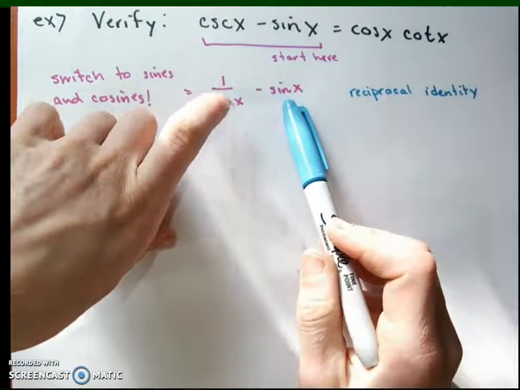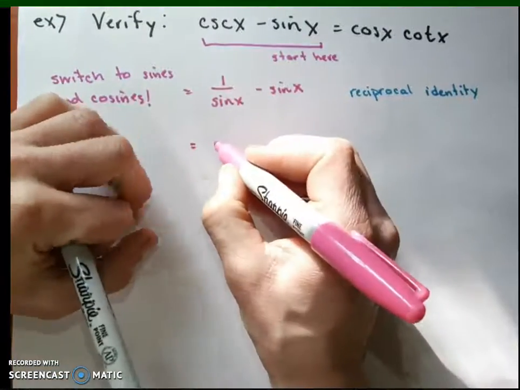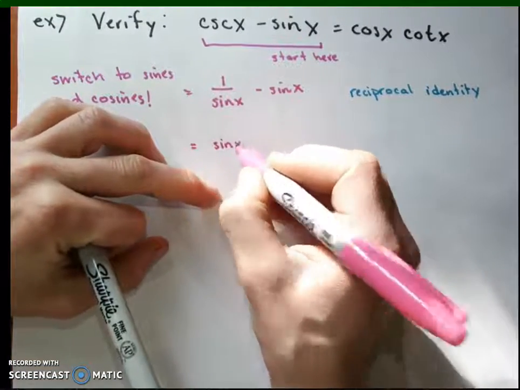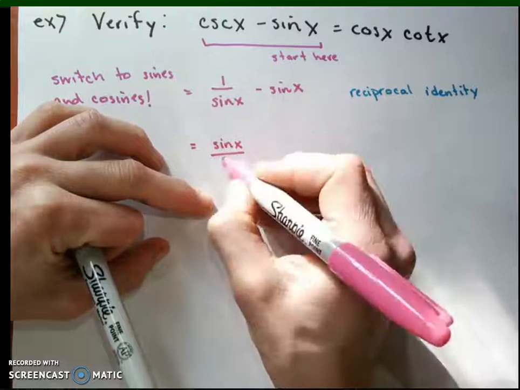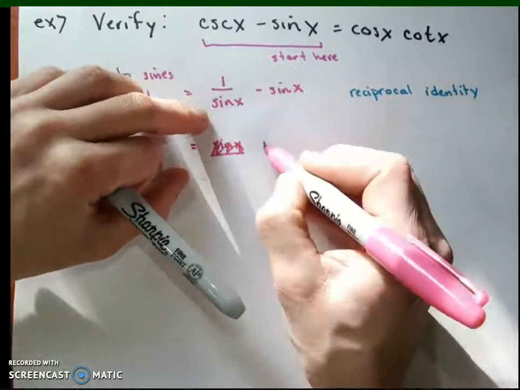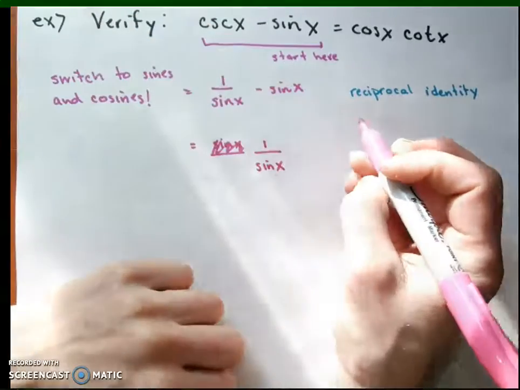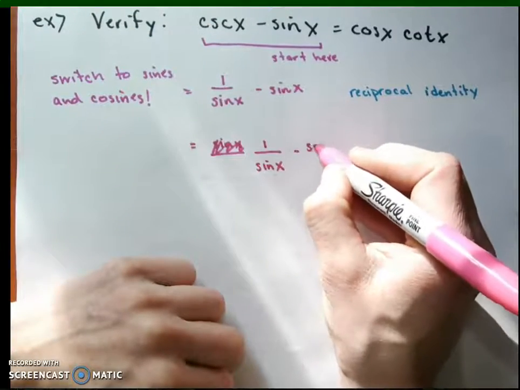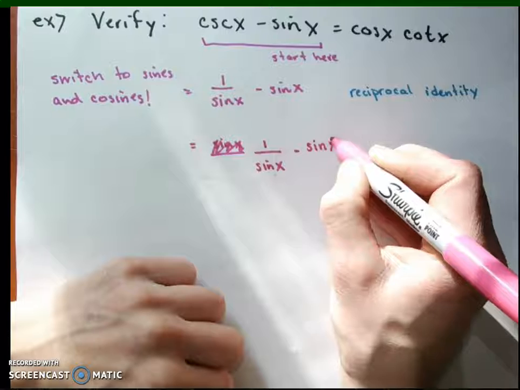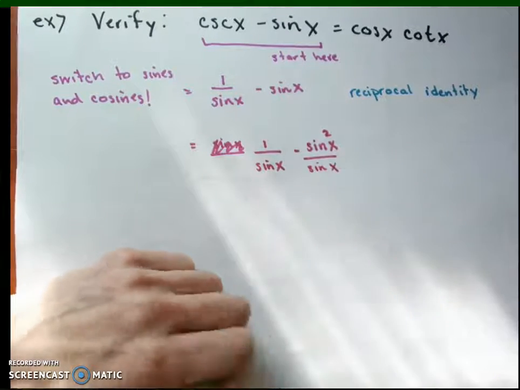Now I need to combine these two terms, so I'll get a common denominator. My common denominator is going to be sine x, so the first term I'll leave the same. To get the second term to have denominator sine x, I have to multiply top and bottom by sine x. I get sine squared x on top and sine x on bottom.